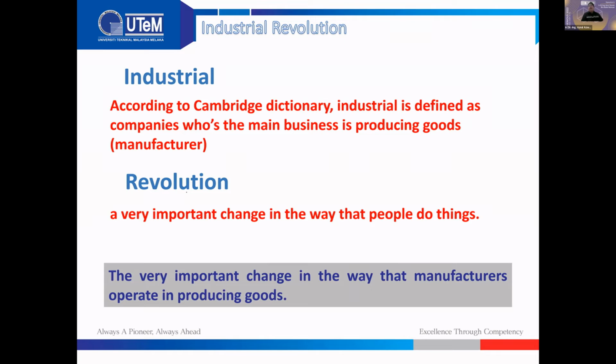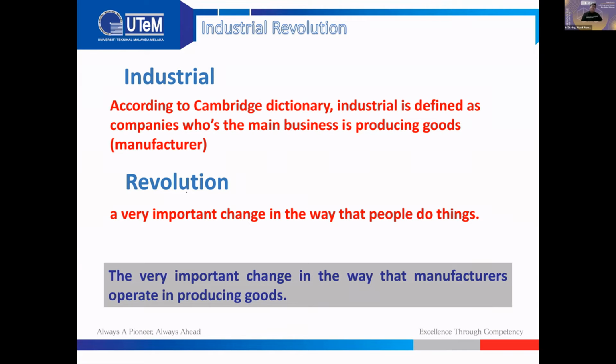The industrial itself is focused on the business of producing goods, which is normally manufacturing, and the revolution itself is a very important change in the way that people do things. So as a conclusion, the Industrial Revolution is a very important change in the way that manufacturers operate in producing goods.